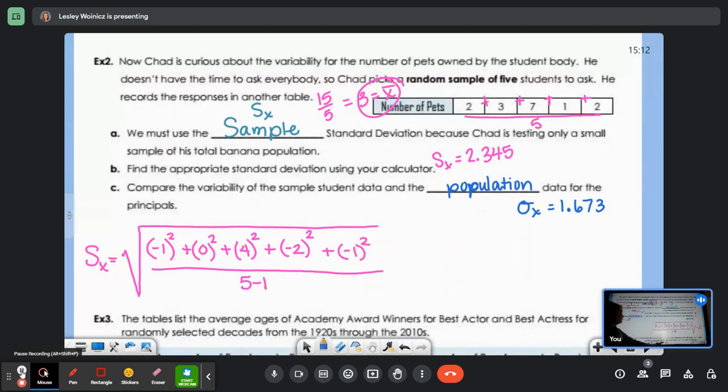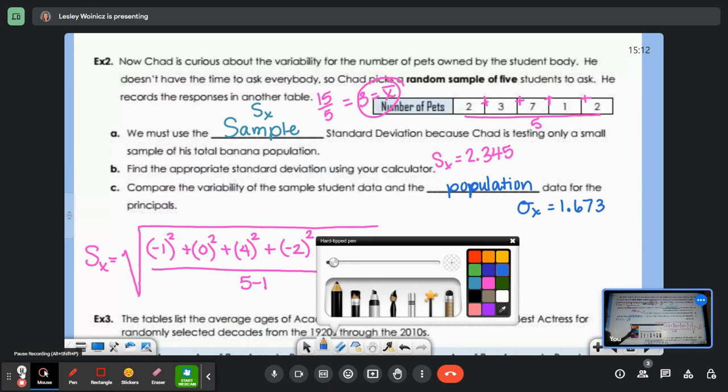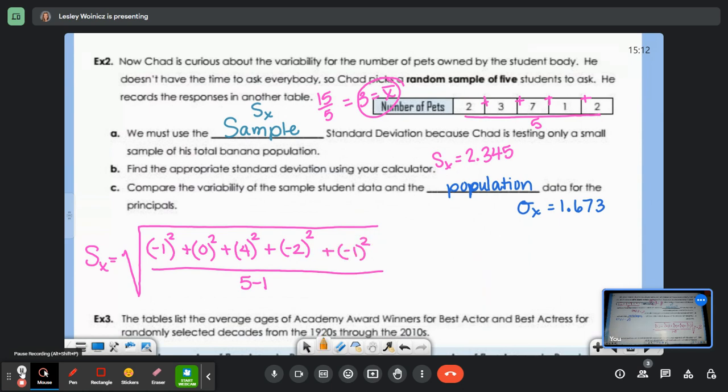Okay, so which standard deviation is larger? The sample. So what does that mean? What did we say that a larger standard deviation meant?